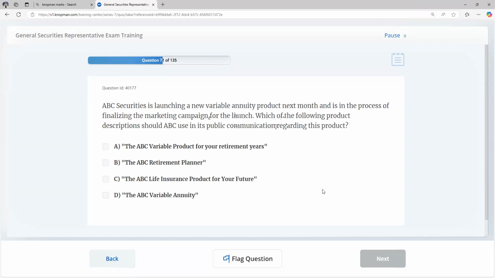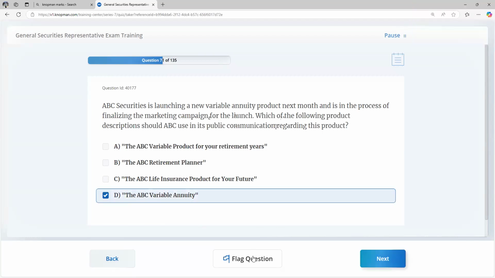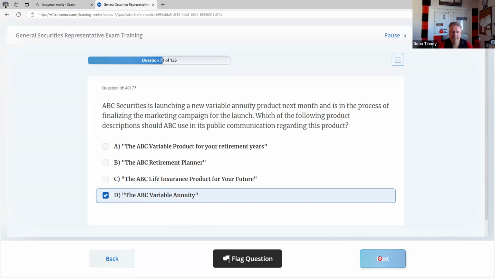The ABC variable product for your retirement years, the ABC retirement planner, the ABC life insurance product for your future, the ABC variable annuity. Is it D? I'm going to go with D. We'll see. I think D is the best answer given the answers. Me too. I don't particularly care for the question, but that's the best answer given the answers.